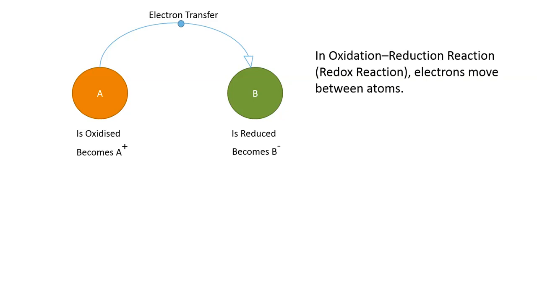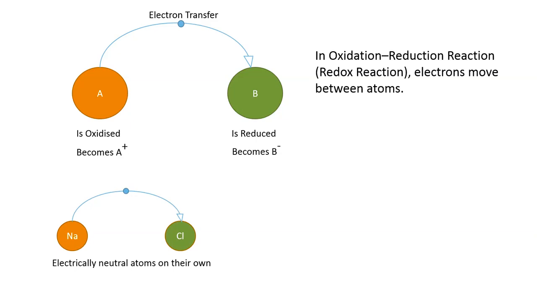Let us take an example of formation of sodium chloride, which is table salt. Sodium and chlorine are electrically neutral atoms. Sodium gives one outer electron to chlorine. This is where the charges come in.